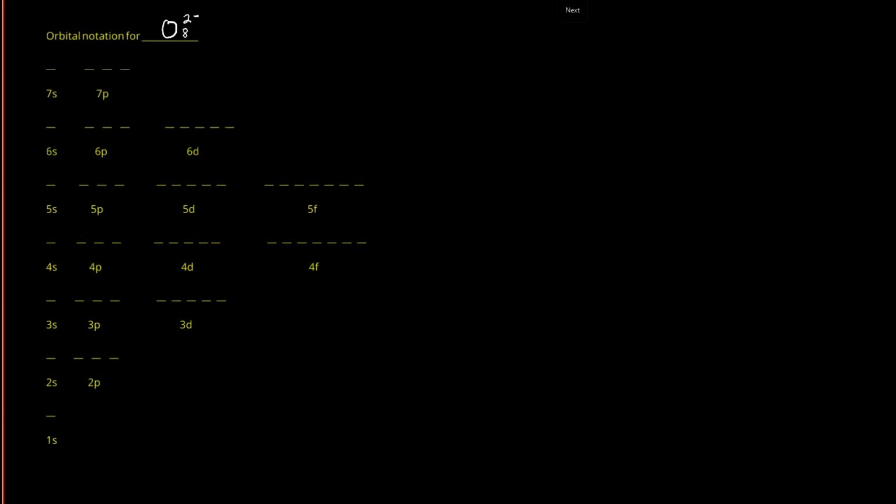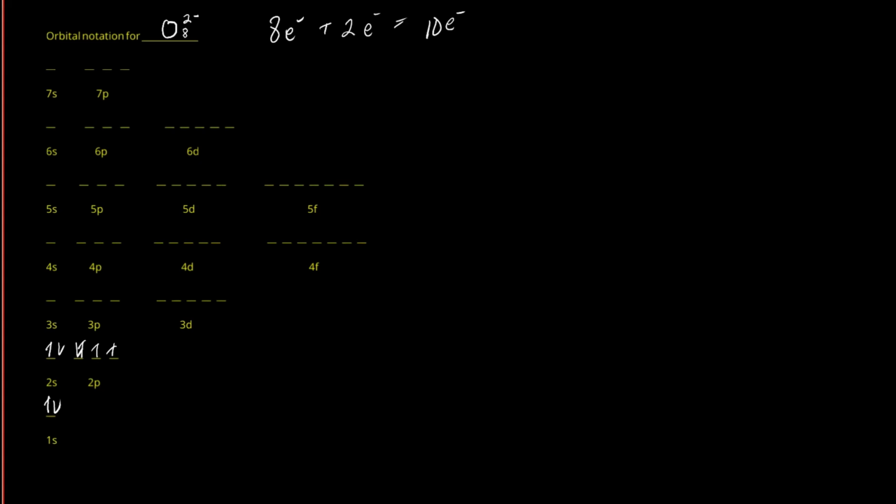Okay, let's try the oxide ion, which is oxygen, which has 8 electrons, and it's going to gain 2 more electrons, so that gives us 10 electrons. So we go 1, 2, 3, 4, 5, 6, 7, 8 electrons.